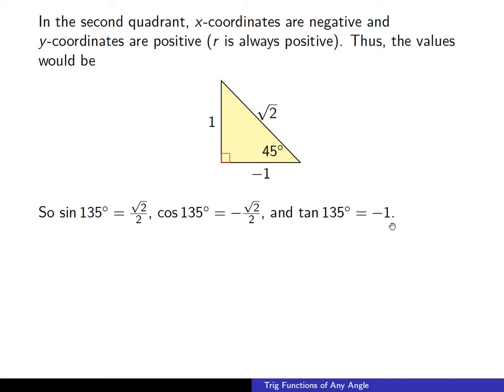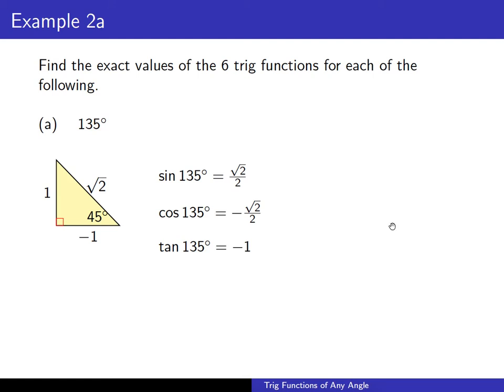And for the reciprocals, we can more or less do the same thing with reciprocals as we have in the past. So here's our triangle again for 135 degrees. We found the sine, cosine, and tangent already. Cosecant is going to be r over y, or the reciprocal of the sine of 135 degrees. So r, square root of 2, over y, which is 1.